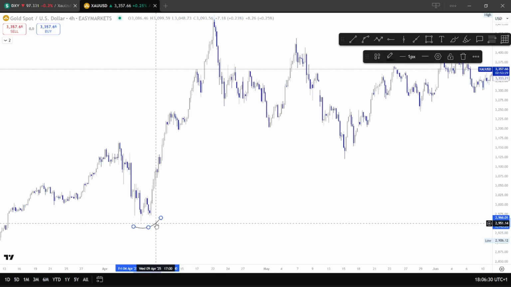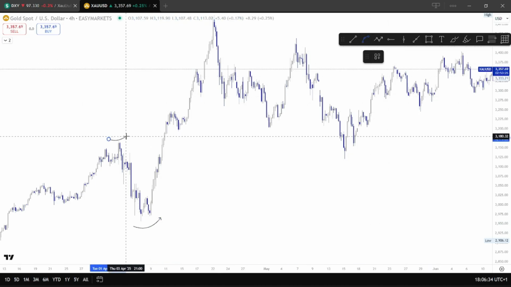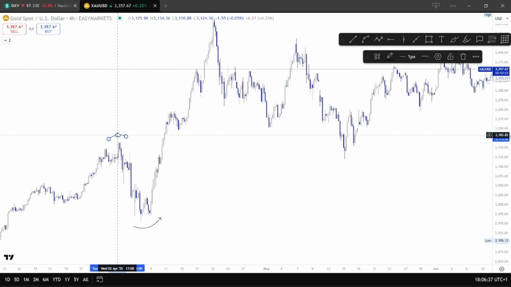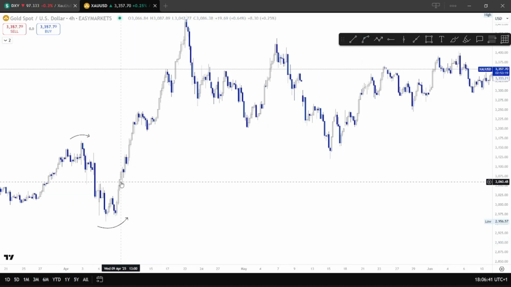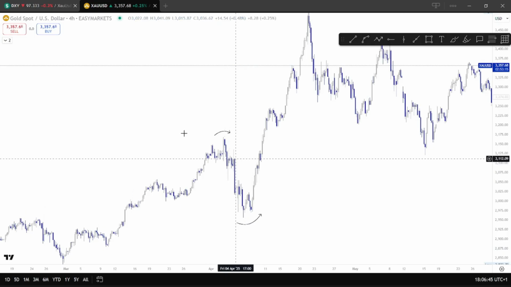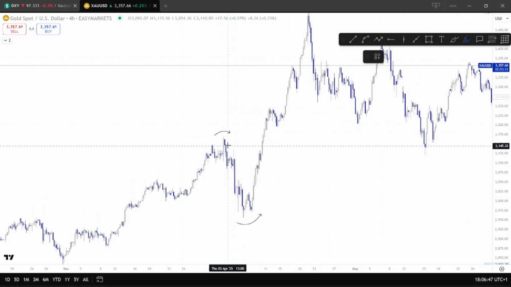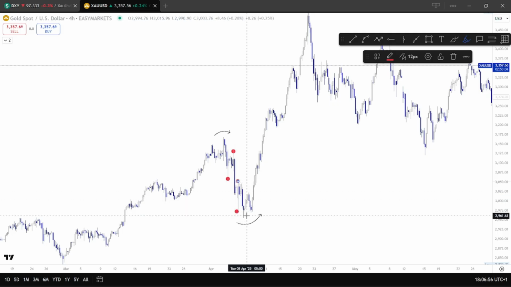And then this is a long-term high. Now, when this low was forming, look at what happened. Look at the internal structure here. We had a push to the downside, a push to the upside, a push to the downside, a push to the upside, a push to the downside.